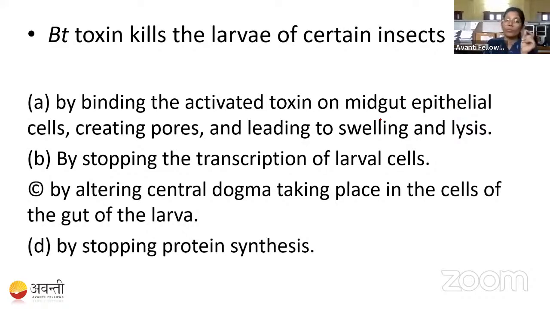Option B: by stopping the transcription of larval cells. Option C: by altering the central dogma in the cells of the gut of the larva. And D: by stopping protein synthesis. Now again, I'm going to launch a poll. Just let me know how Bt toxin is going to kill the larva.